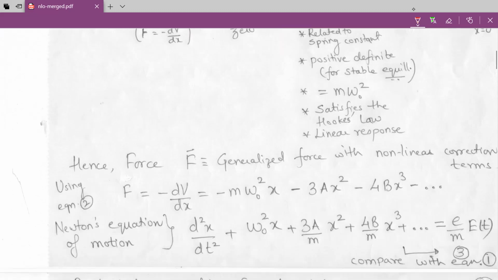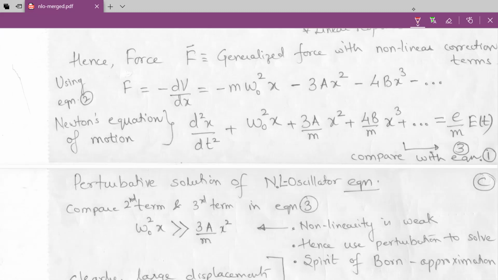So this is the way to think about these corrections, sort of a generalized force, which has these additional nonlinear terms, which actually now drive my original linear harmonic oscillator. So I can rearrange this in a particular manner. So you see, I'm looking at the same equation number 1, but now including this generalized force.